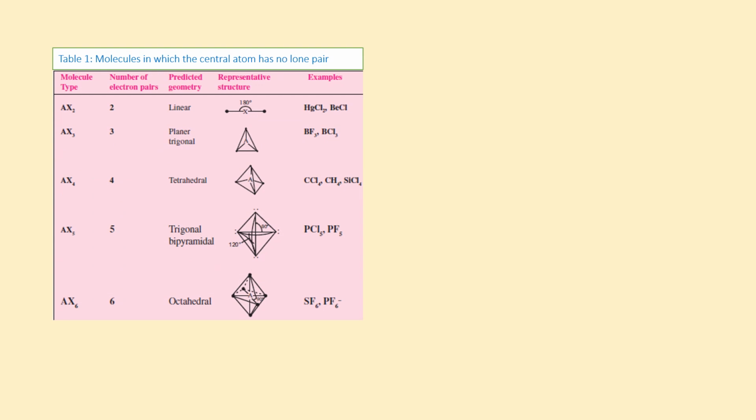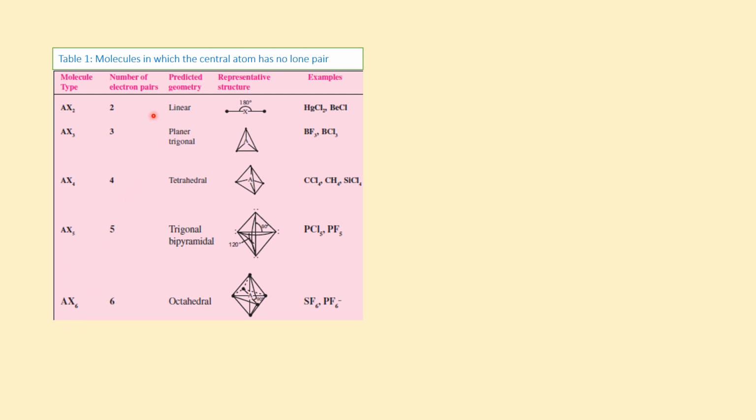Table 1 shows the molecules in which the central atom has no lone pair. The molecule types may be AX2, AX3, AX4, AX5 and AX6, which are shown in column number 1 of the table.